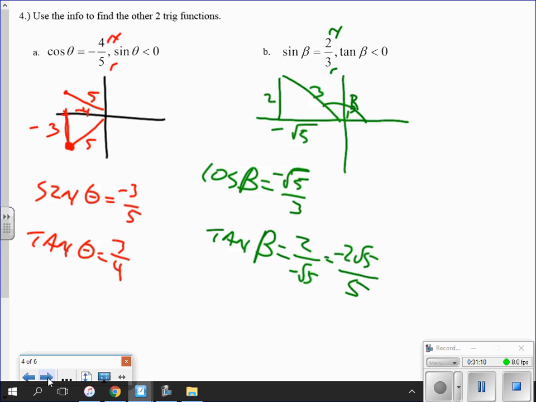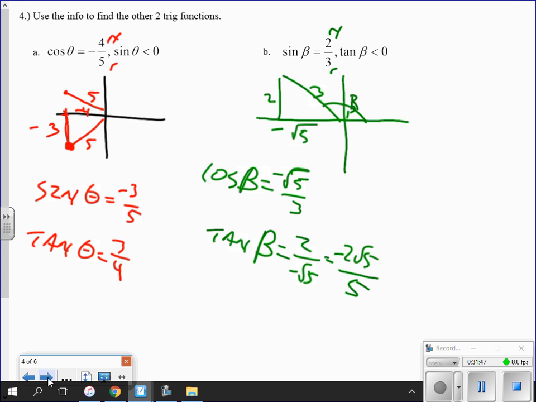How do you know what your initial two options are? Like, how did you know my sine is a positive 2/3? 3 is my distance from center, so it's always positive. The numerator 2 is my y-coordinate. Where do I have a y-coordinate of 2? I have 2 places where I can have a positive y-coordinate. Same thing on this one. I was given a cosine of negative 4. That means my x is negative because the denominator is how far away from the center that point is.